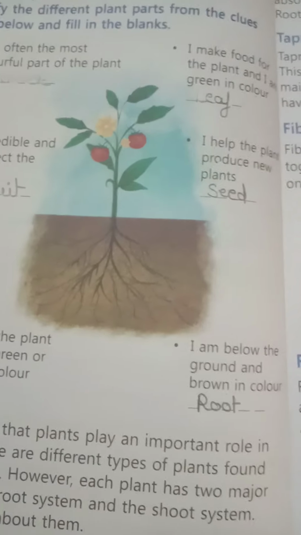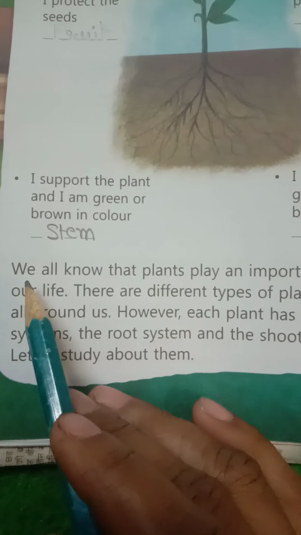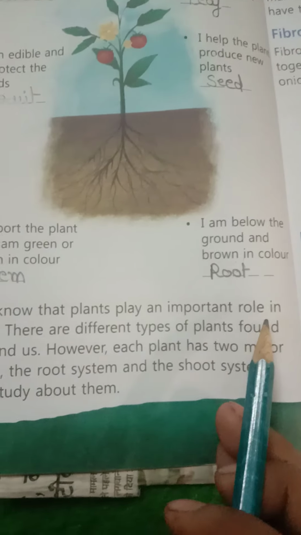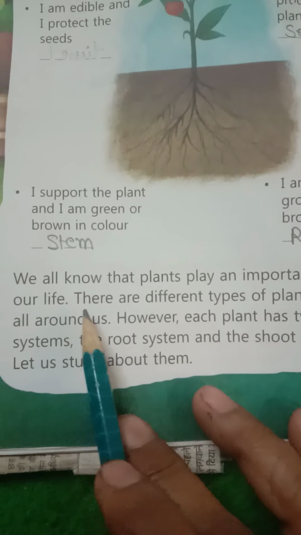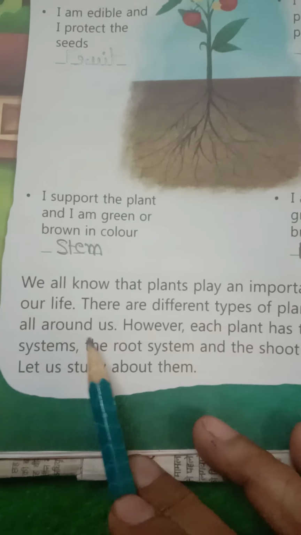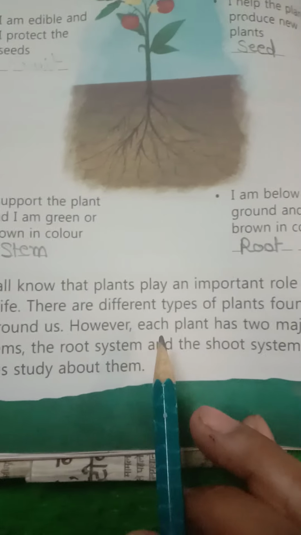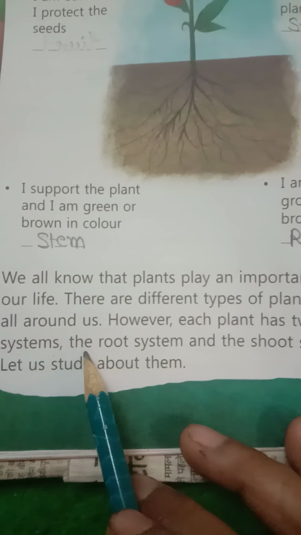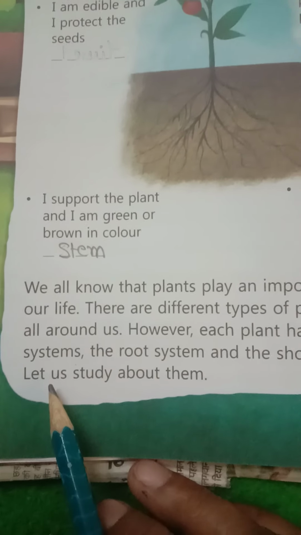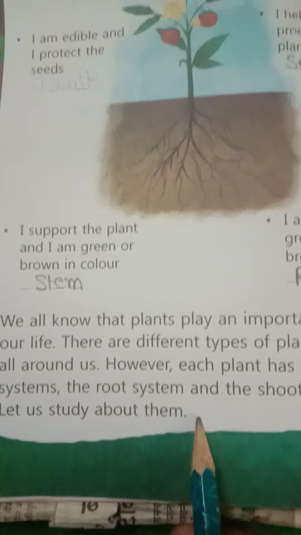Now student, we all know that plants play an important role in our life. There are different types of plants found all around us. However, each plant has two major systems, the root system and the shoot system. Let us study about them.